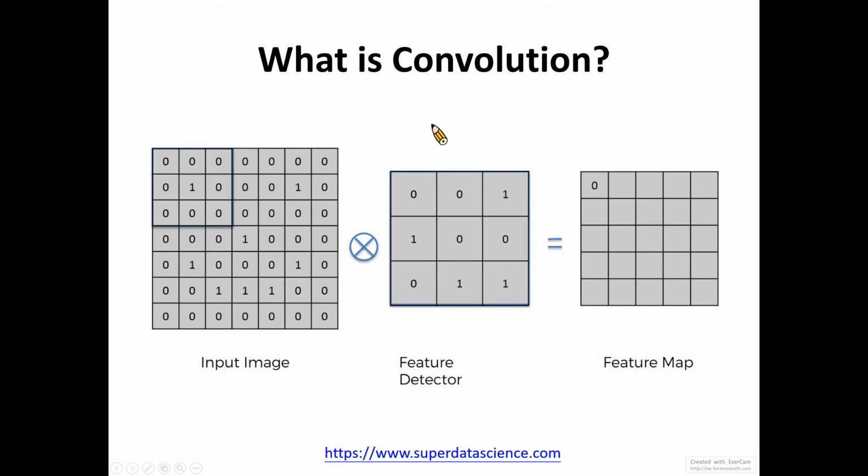For convolution, we need a feature detector. The feature detector defines a certain pattern. For example, here we can define a 3 by 3 matrix where there is a value of 1 only in these four positions.